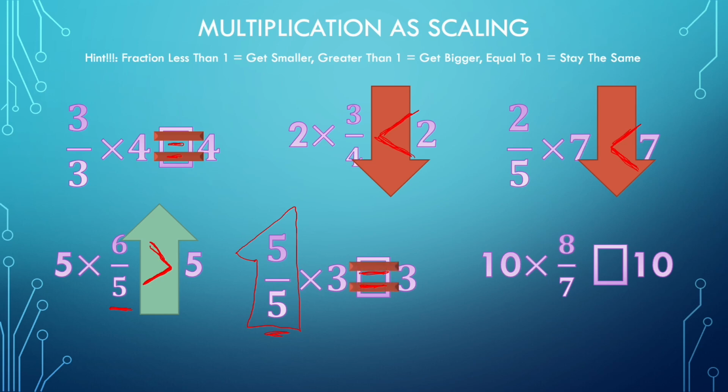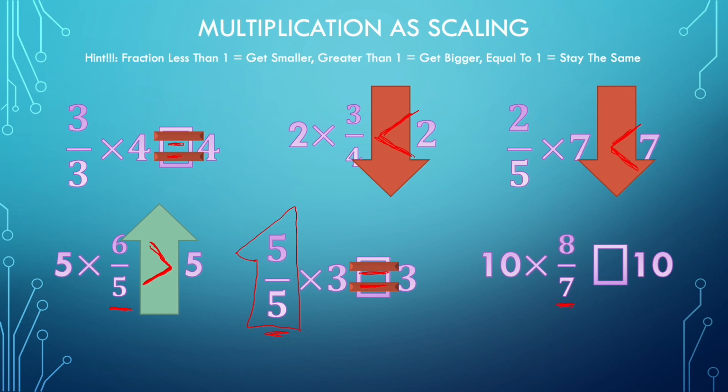I would agree. And for our last problem here, we are multiplying 10 by 8/7. Our 8/7 is another improper fraction. So an improper fraction means we have 8 total slices shaded out of the 7 total slices.